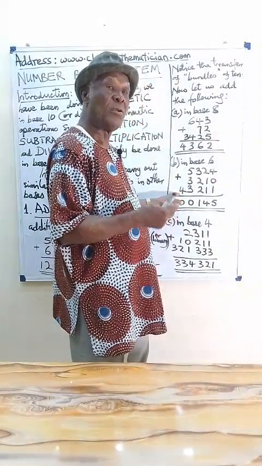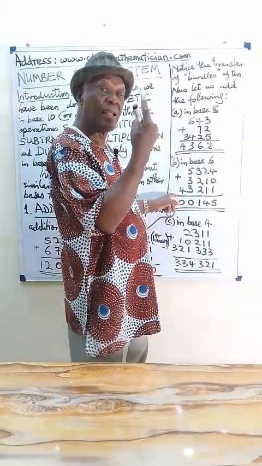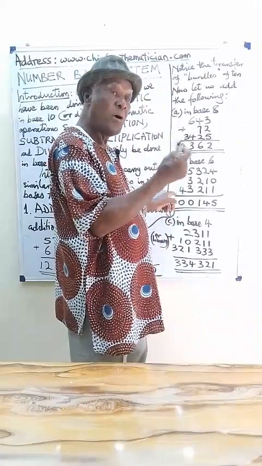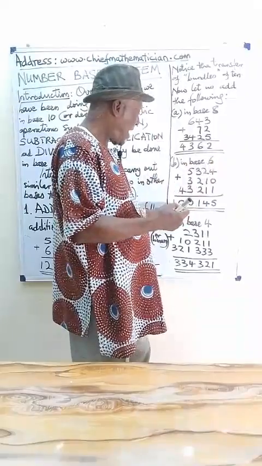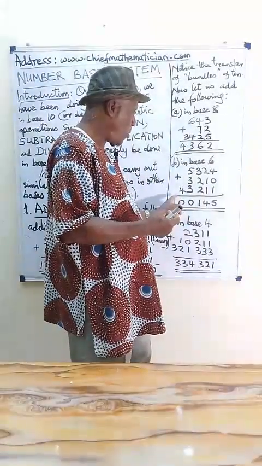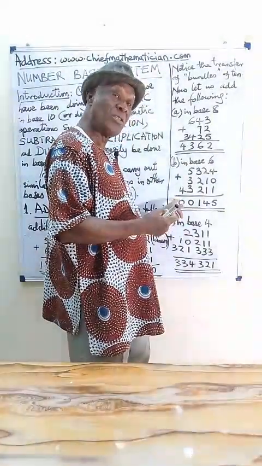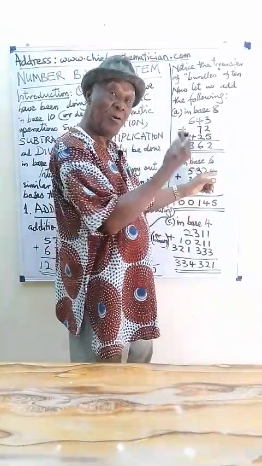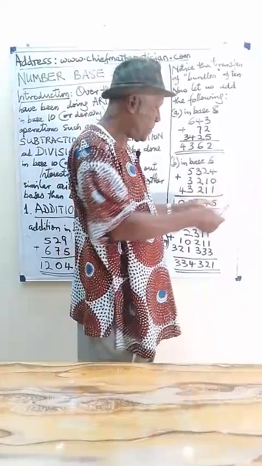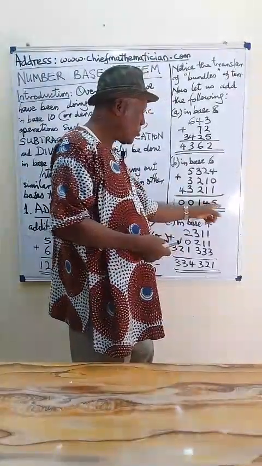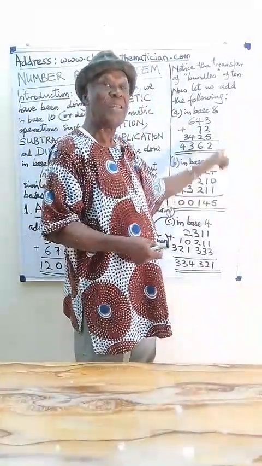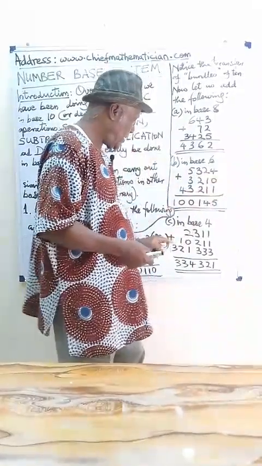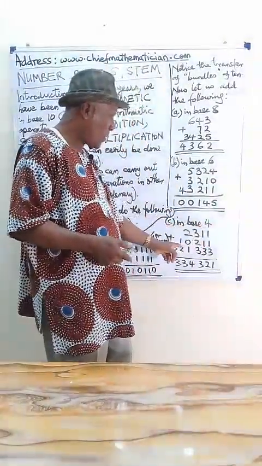Now this 6 is one bundle of 6 and 0. 1 0 represents 6 in base 6. So that's what we get in the addition in base 6. In base 4, look at this.